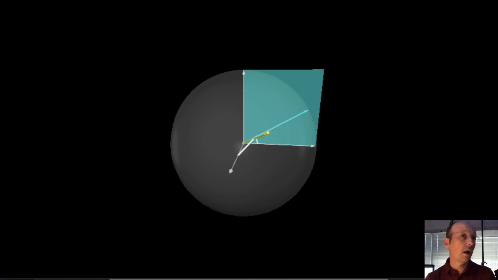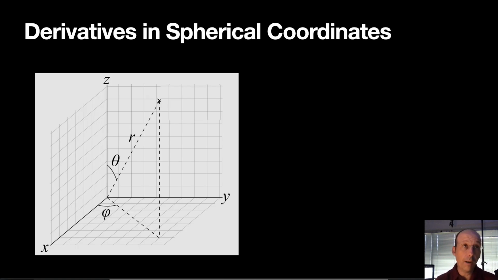Okay, so why is there a problem? Well, if these are my spherical coordinates, r, theta, and phi, and I want to write a vector in spherical coordinates, I need unit vectors in the direction of r, theta, and phi. Instead of x hat, y hat, z hat, I have r hat, a unit vector in the direction of r, just like x times x hat makes a vector.